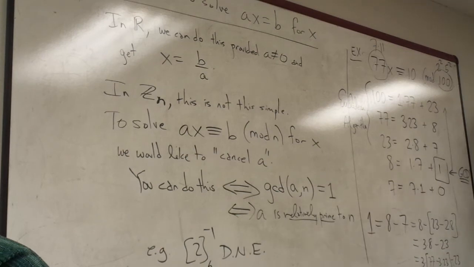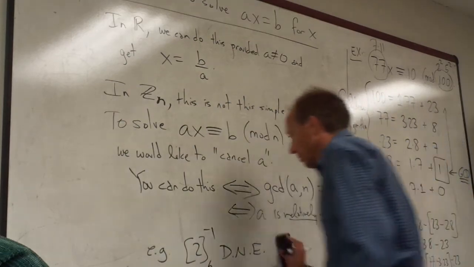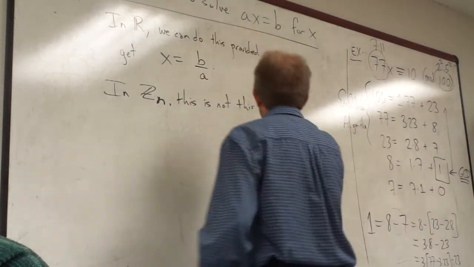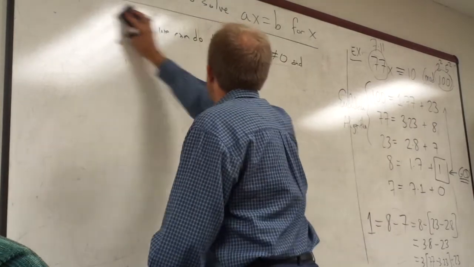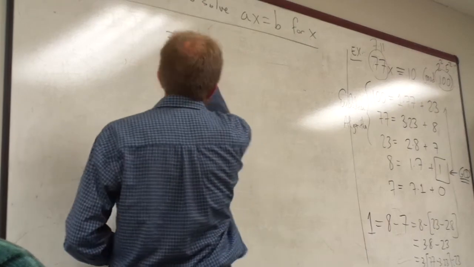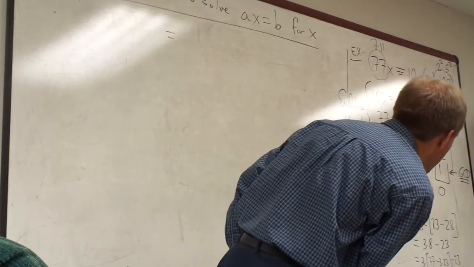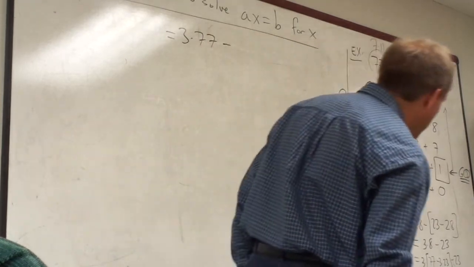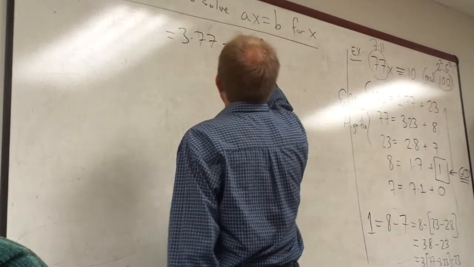And then again, you're going to simplify it again. So you simplify this thing again, and you're going to get 3 times 77 minus 10 times 23.